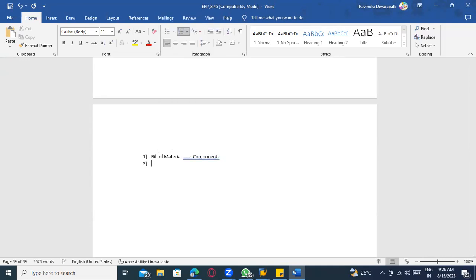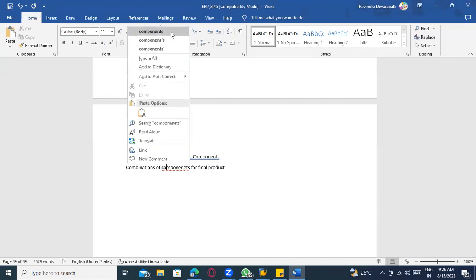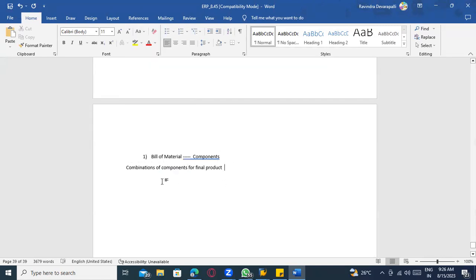So I'm maintaining the combination of components for the final product. It may be FG product or semi-finished goods, whatever it may be. So that bill of material we created first. Then the second one is I created the production version.